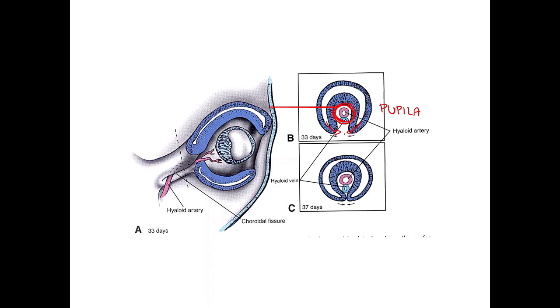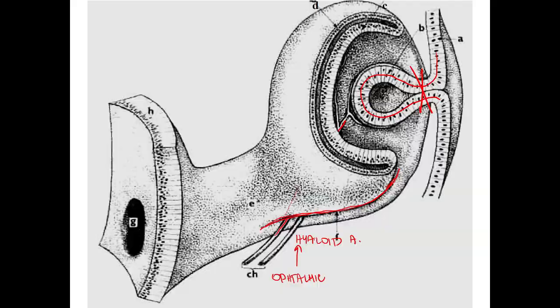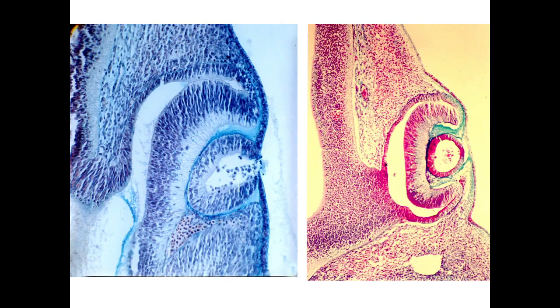The cornea will be formed ventrally to the pupilla. Right behind pupilla we will form the lens, so there is this opening, the pupilla, but we need to close the fissure in order to create the round pupilla, like this. So this fissure will close, and we will have the hyaloid artery inside. Okay, let's go next.